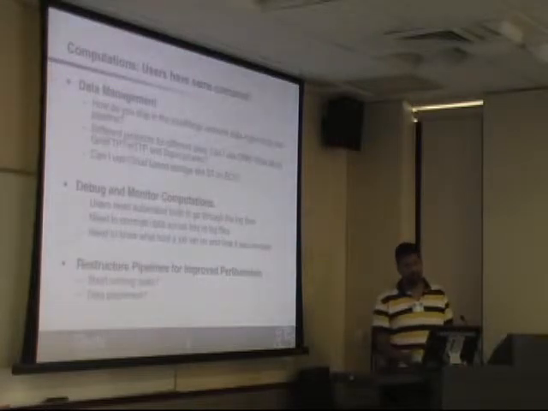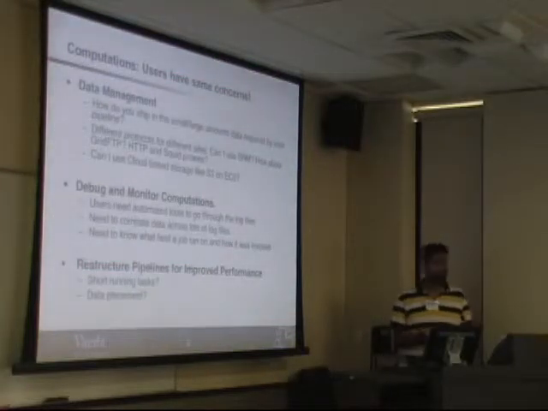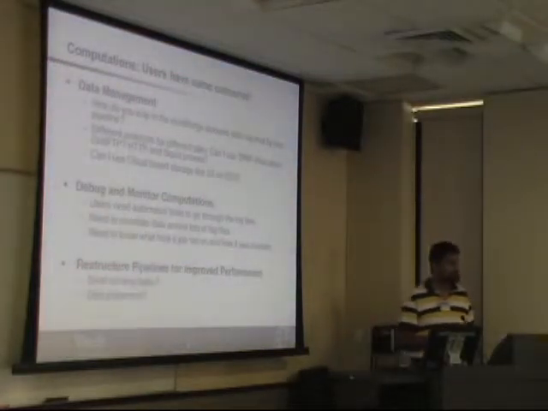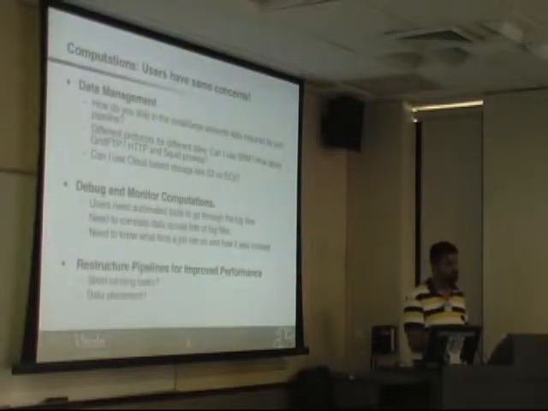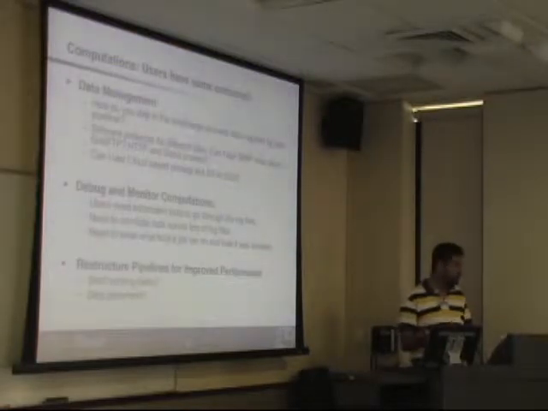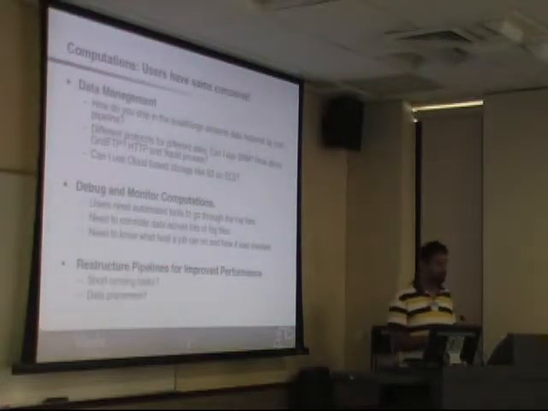You have a pipeline that you're trying to run, and it's a large sequence of jobs. You need to monitor and debug your workflow. One way to debug is what John said, by logging into the individual worker nodes, where you try to figure out where the job is running, what the stdout is, and what went wrong.